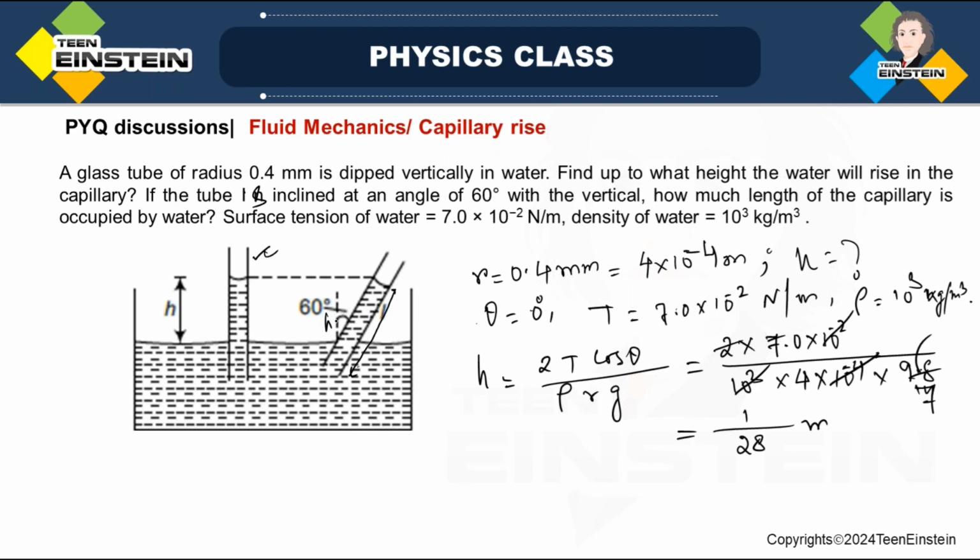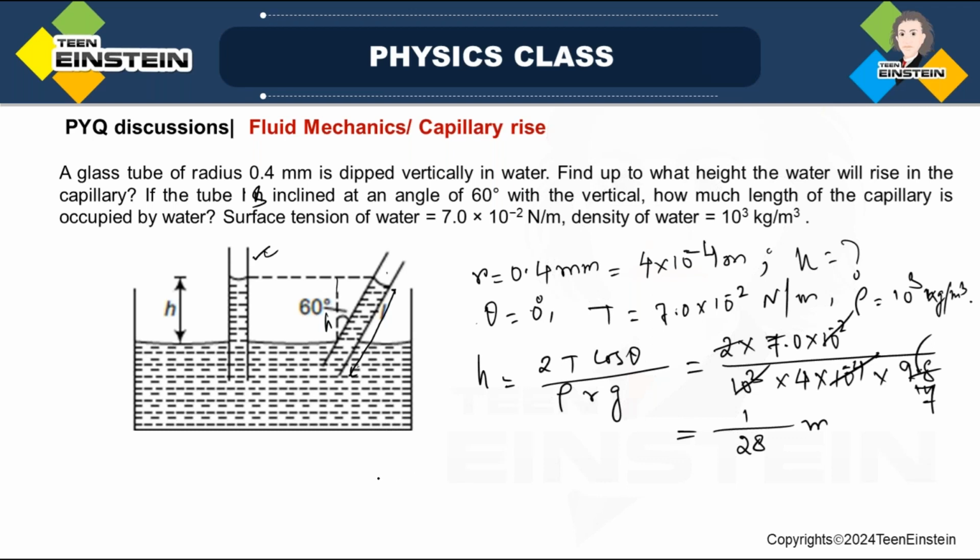This height is going to be the same always, even if you tilt it. The concept is that even if you tilt it, the excess pressure, atmospheric pressure, and other things all remain the same. So with tilting, the capillary rise will not be different.